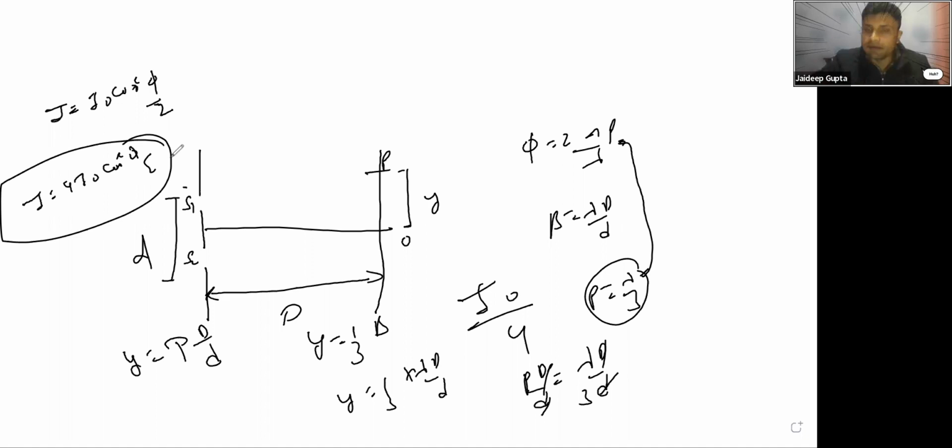In YDSE using monochromatic light of wavelength lambda, the intensity at a point on the screen where the path difference is lambda is K units.